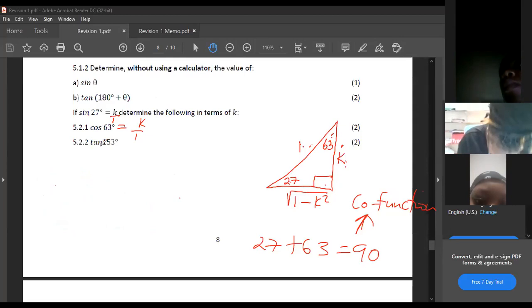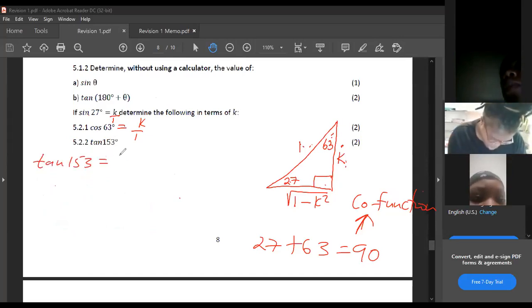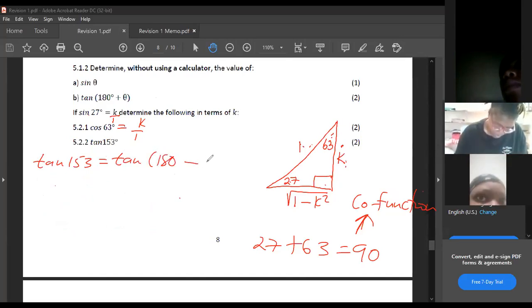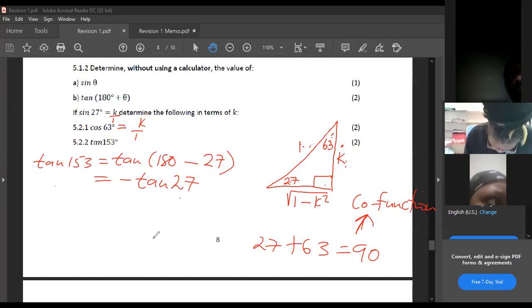Then tan 153. This is second quadrant. So it will be tan of 180 minus which angle? Minus 27. This gives you second quadrant, so it gives you negative tan 27.